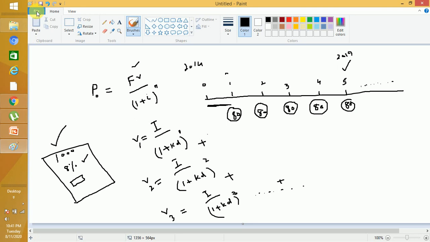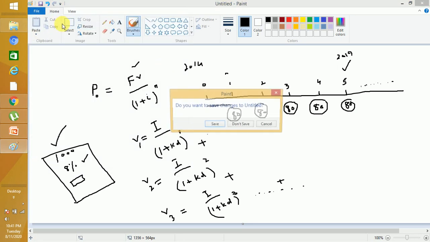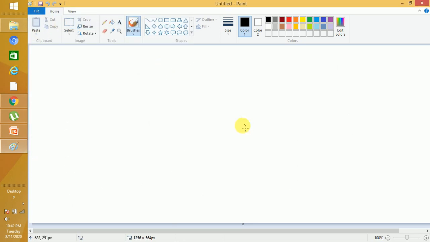So we will calculate this. Now, what is the formula? V is equal to I divided by KD.